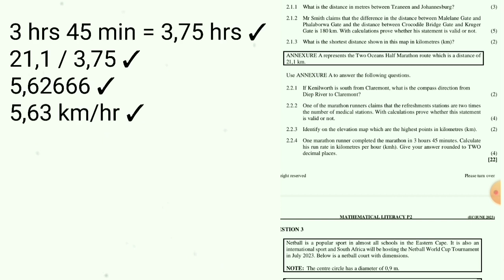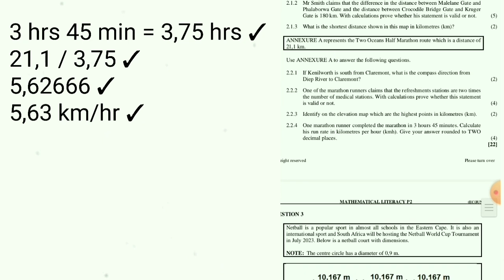Then we say 21.1 divided by 3.75, and then the answer is 5.62, and all these numbers, and then we round off to 2 decimal places, and it is 5.63 kilometers per hour.